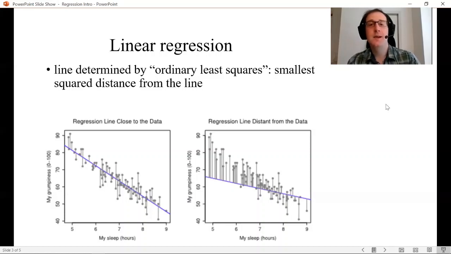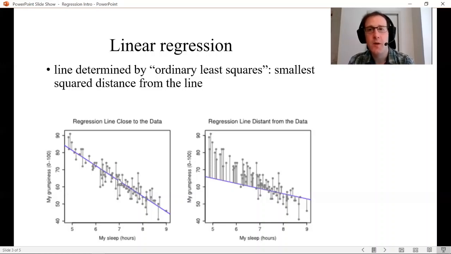Essentially how this works is that there's an algebraic function where first you start with the very middle of the data. So you take the mean of x and the mean of y, and that's the middle of your line. Your regression line is always going to go directly through the mean of x and the mean of y.